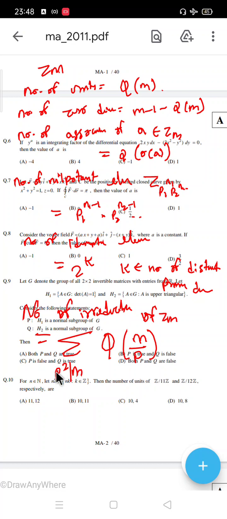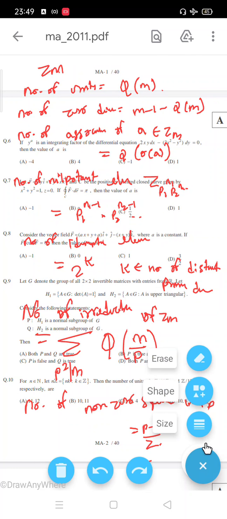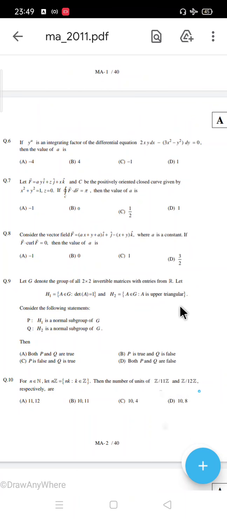So we have to choose only those p where p squared divides m, that's it. And one more is the number of non-zero squares in Fp, which is equal to (p minus 1) by 2. That's it. Okay, so I'll clear this.